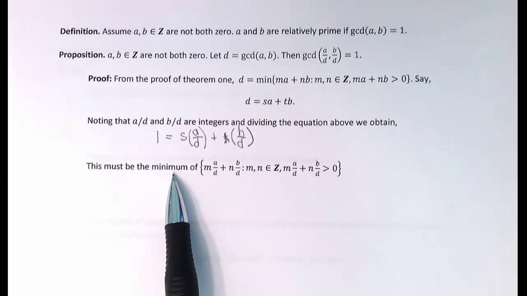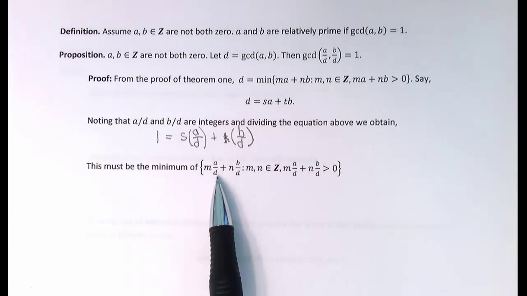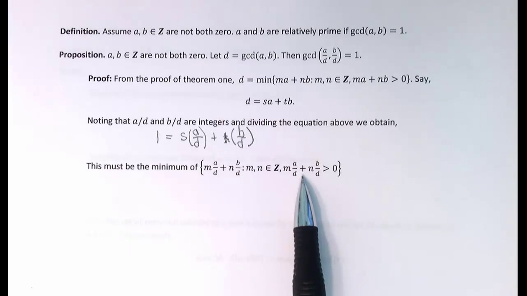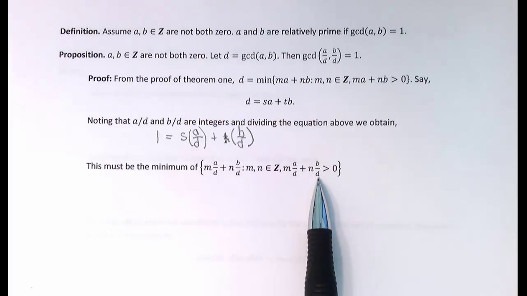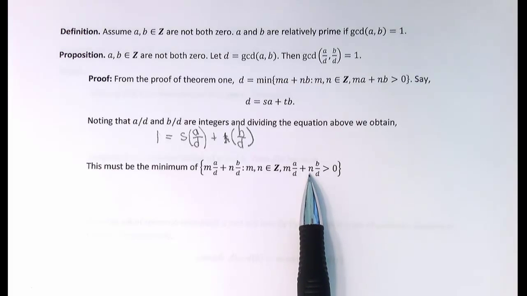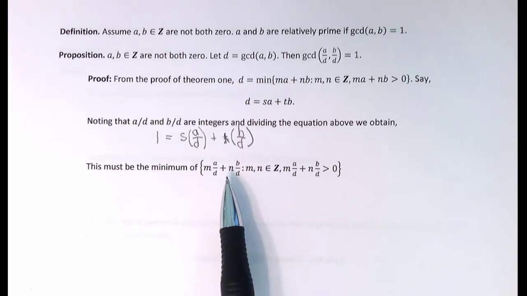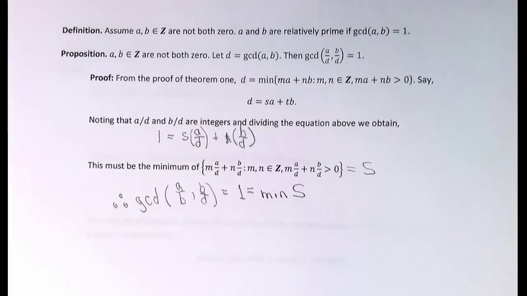Now, this must be the minimum of the linear combinations of a over d and b over d, because these are all positive integers, and 1 is the smallest possible positive integer. We can therefore conclude that the GCD of a over d and b over d is equal to 1. And this simply follows from what we proved in part 2 of the lecture.